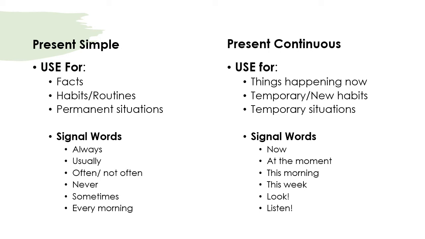The signal words that we find in present simple are always, usually, often, not often, never, sometimes, every morning, and so on. In the case of present continuous, the signal words could be now, at the moment, this morning, this week, in the afternoon, etc., or words like look or listen.